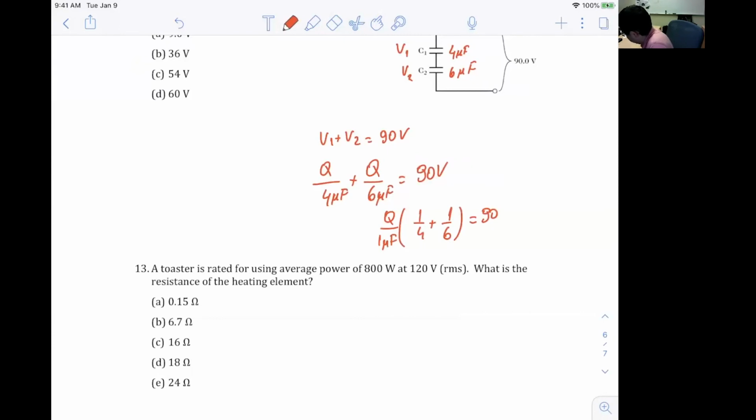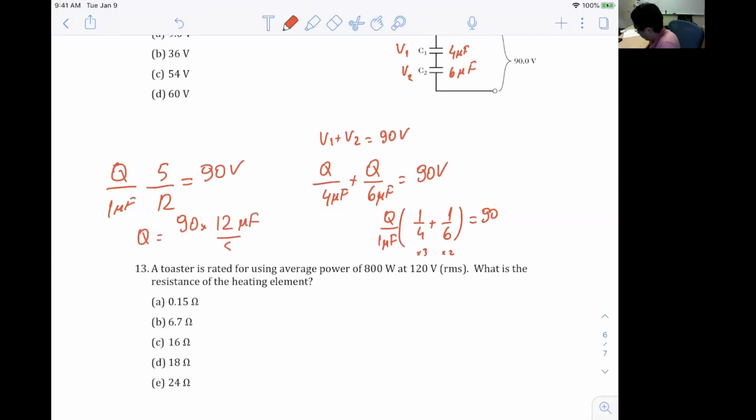And this will be Q over 1 microfarad, but multiplying by 3 and by 2, it's going to be 5 divided by 12, right? And 90 volts. Then Q will be 90 times 12 microfarad divided by 5.